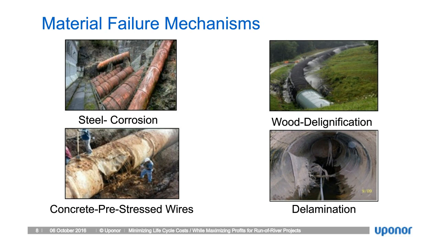Last, sometimes you get into FRP repairs, such as glass or carbon fiber, and if not installed properly, over time you could get delamination of the material sloughing off the pipe, which then causes the pipe to lose its structural integrity. Those are the types of material failures we see on the different penstock materials.